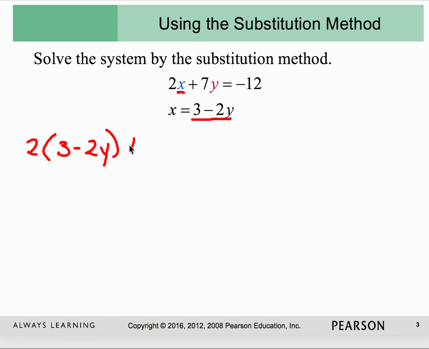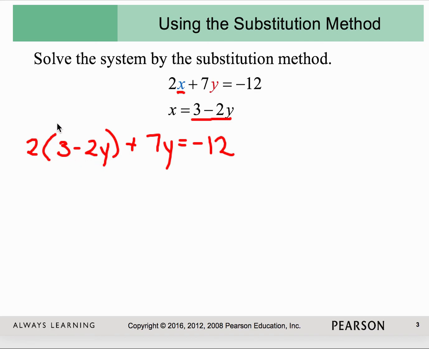Finish your equation, plus 7y equals negative 12. And notice now, hey, we got an equation with one variable in it. So I can solve this thing. Okay, now let's look one more time. This is 2 times x plus 7y equals negative 12.